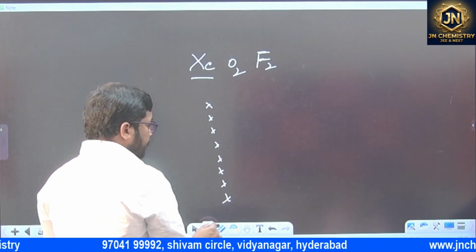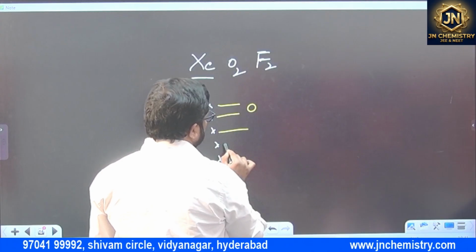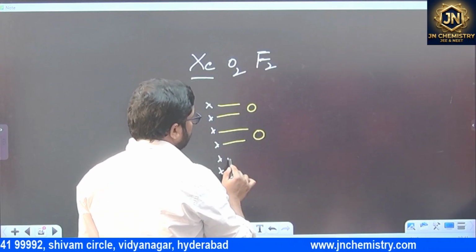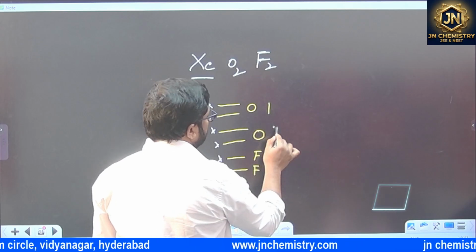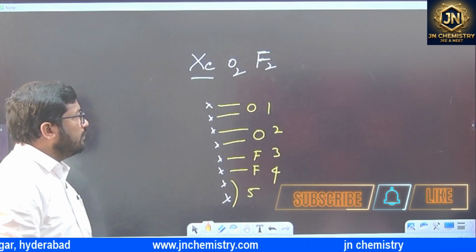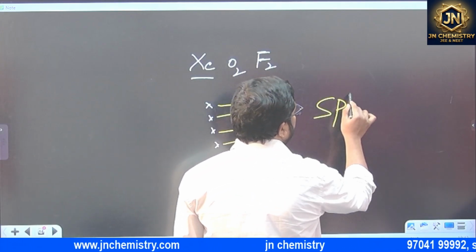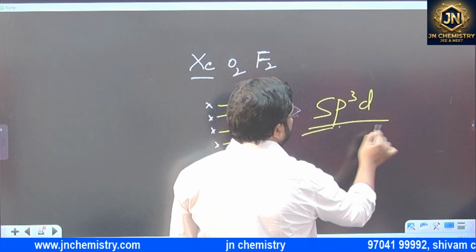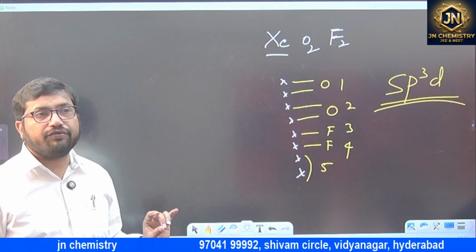Each oxygen we need to take 2 electrons. That only is the thing you need to take care of. For fluorine it is only one lone pair. 1, 2, 3, 4, 5. 5 means sp3d. sp3d. A lot of people are confused in this particular case.